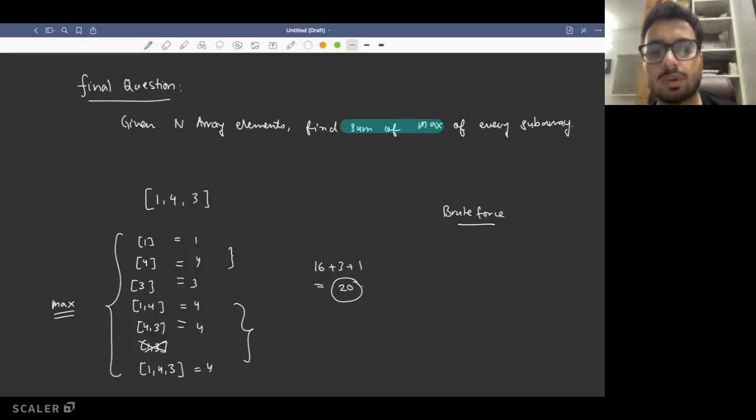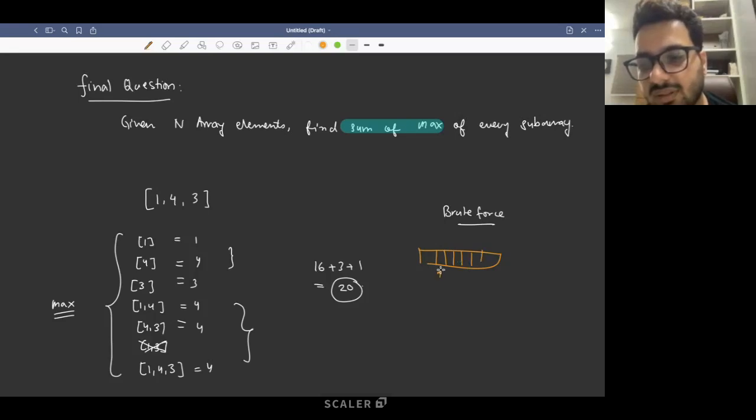Tell me, brute force, two for loops. Saraswati says contribution technique. Fine, good. Two loops, three loops. Finding the subarray itself is how much? Two loops.